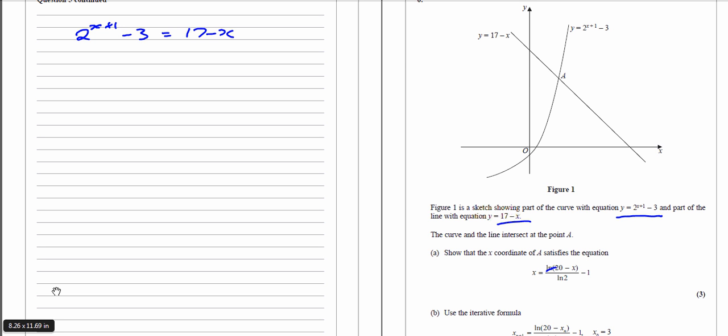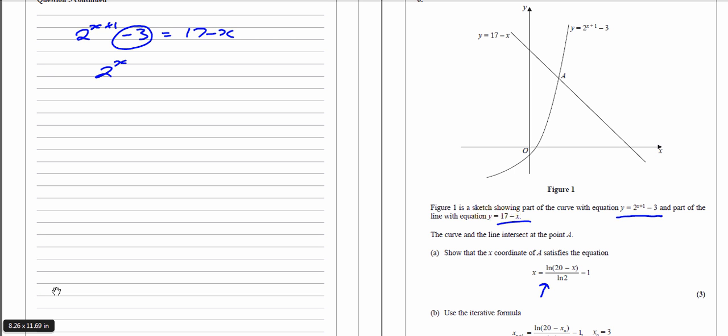So if we've got to rearrange that to get x equals, and bear in mind we've got some logs going on here, chances are that we need to take exponentials. Therefore, what we're going to do is get this minus on the other side first of all.